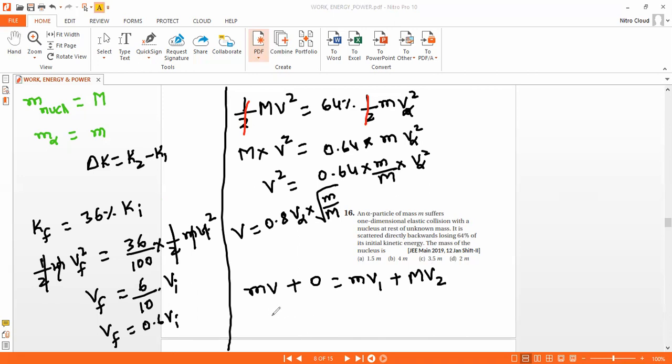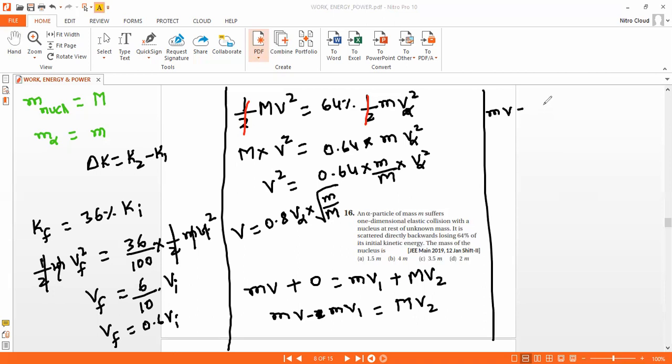So mv minus m v1 equals capital M V2, that is, mv equals capital M times V2.